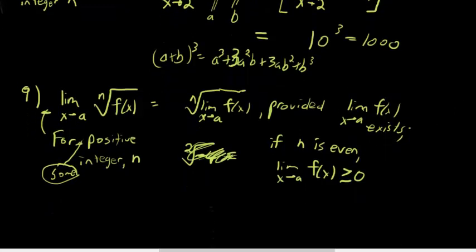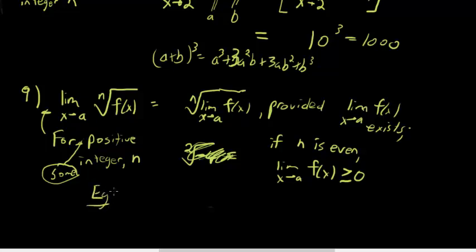So when we're just looking at positive integers n, this is equivalent to this, provided this limit exists, and if n happens to be an even positive integer, then what's inside the root has to be greater than or equal to 0.